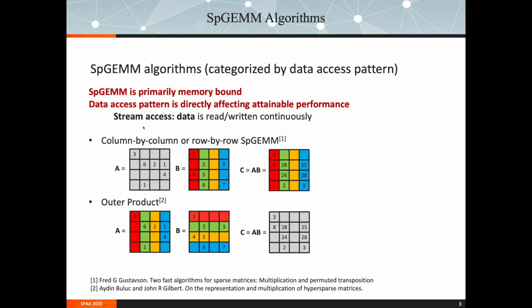However, if an algorithm has random memory access, it's going to lose some performance. Specifically, we are going to discuss two different algorithms. The column-by-column algorithm, which has stream access to one of the inputs and the output, but not the other input. And the outer product algorithm, which has stream access to both inputs, but not the output.